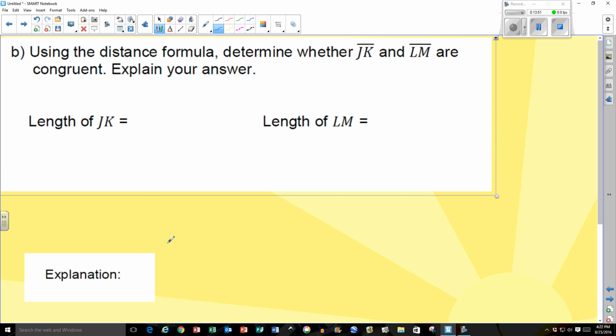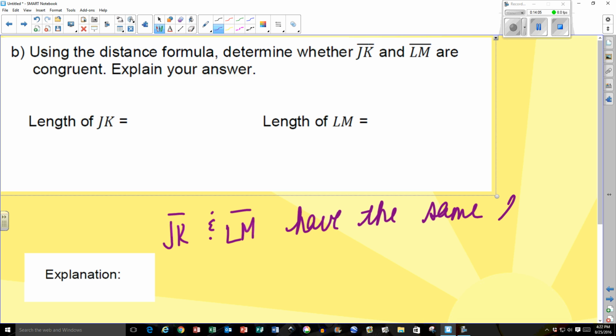So my explanation is that JK and LM have the same length. So JK is congruent to LM, period.